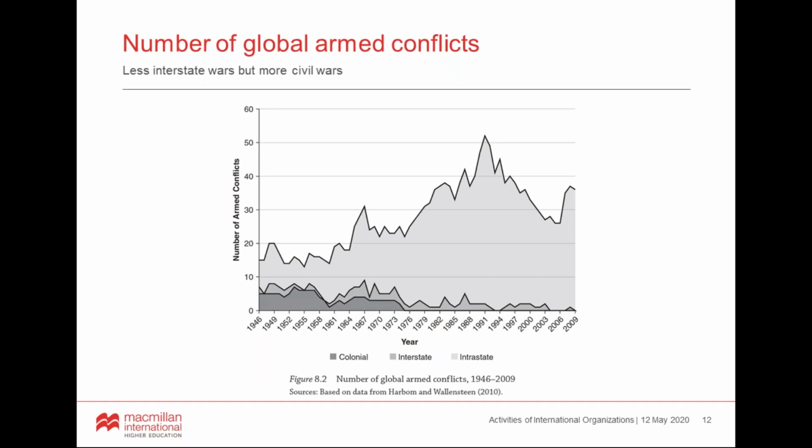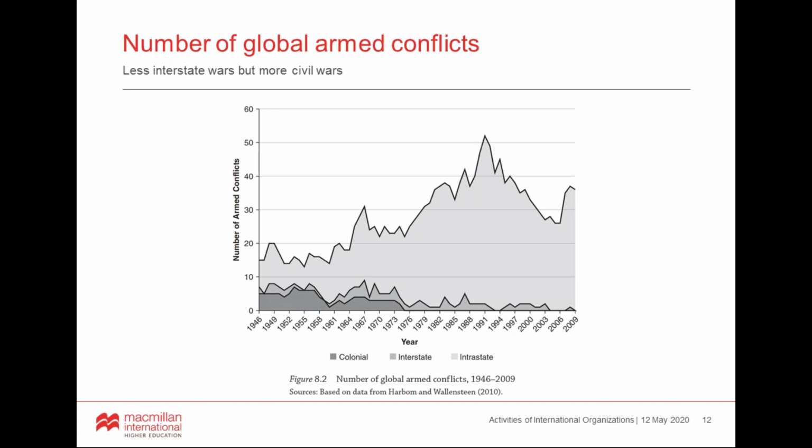I think the first thing to look at is the number of global armed conflicts that have emerged since the creation of the United Nations. Now, this I found a very interesting graph, because essentially it shows two things. It shows that colonial conflicts and conflicts between countries, the so-called interstate conflicts, hardly take place anymore.